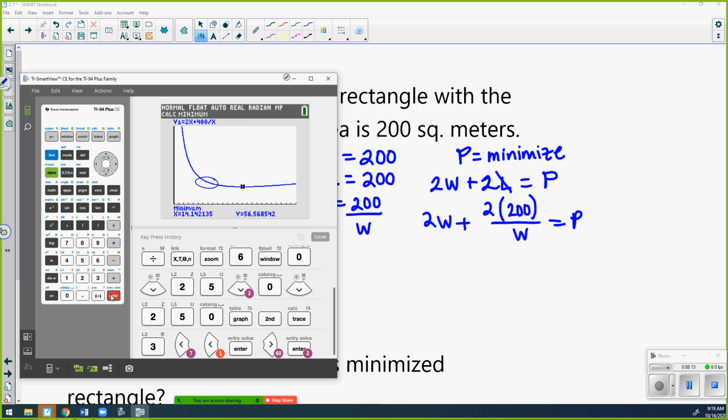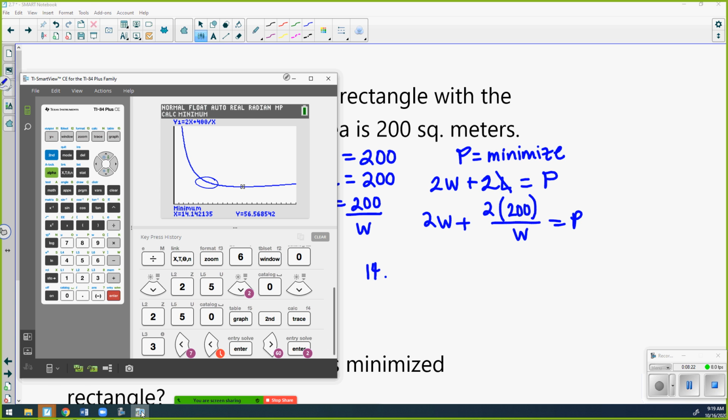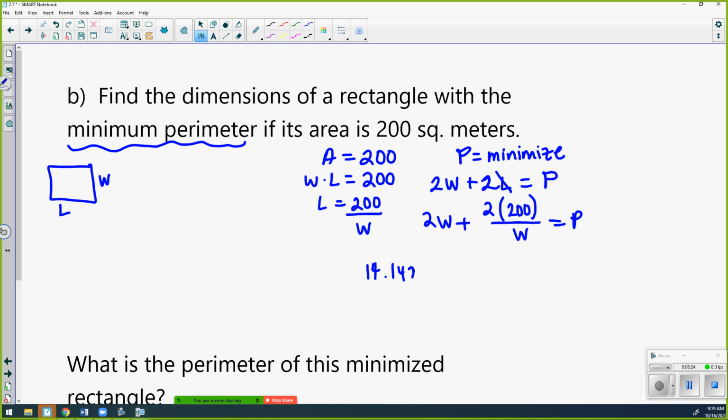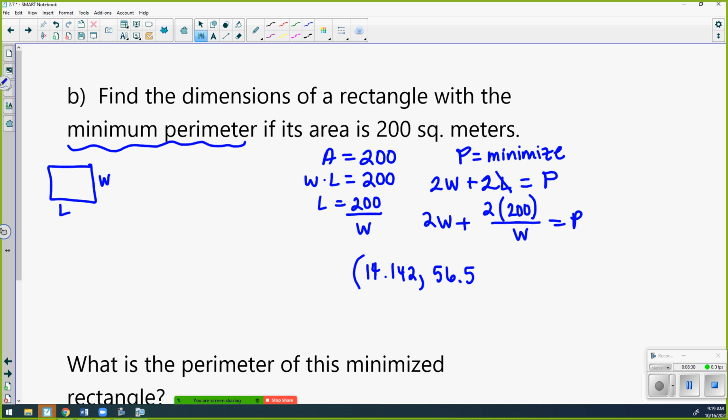Enter through the guess. My minimum value happens right here at 14.142, comma 56.569. So this was my minimum. In other words, W is equal to 14.142, and this would be in meters.